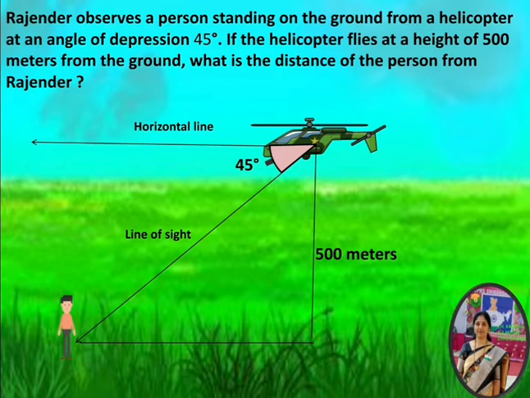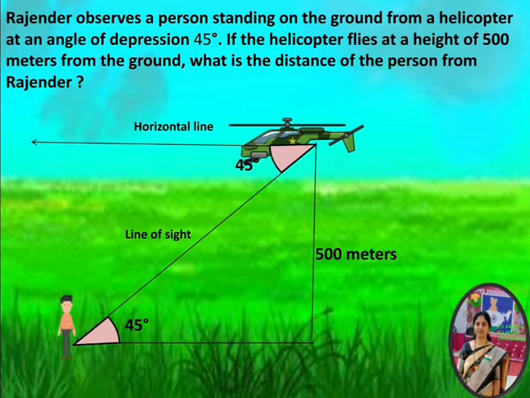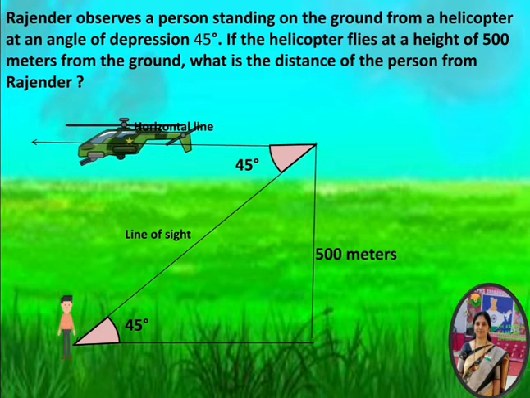Now draw the particular diagram. So here observe that when here we get the 45 degrees, same angle we get here. Already I explained in previous session. Because these two become the alternate interior angles. So here also we have to consider 45 degrees. Okay. Now just draw the particular diagram for this.